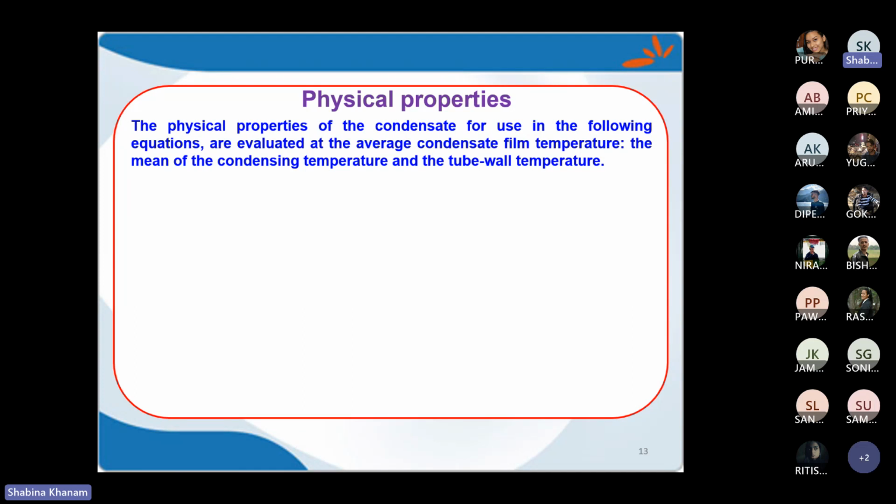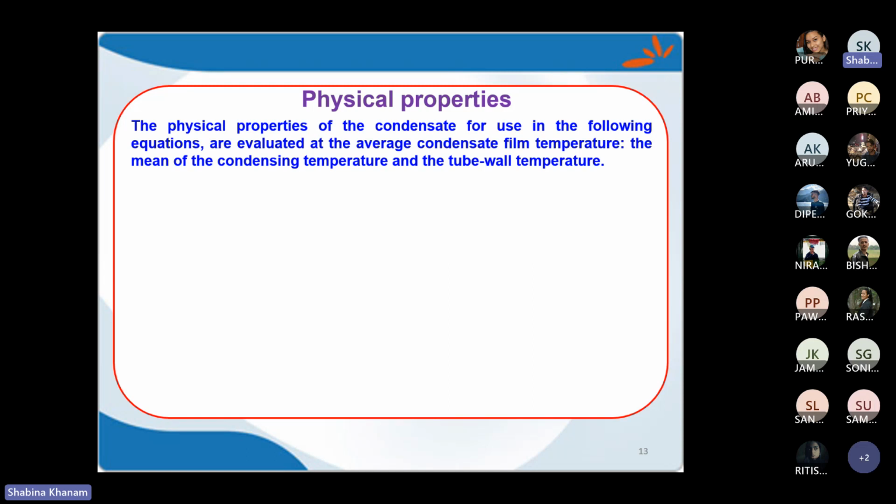But the point about average condensate film temperature is that if you are handling one component, the vapor, let's say if you are dealing with steam, condensation will occur at only one temperature, one value.